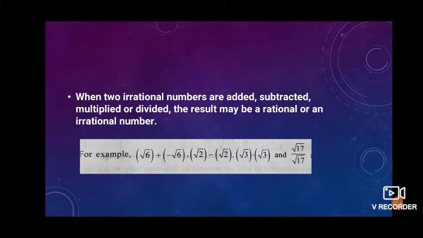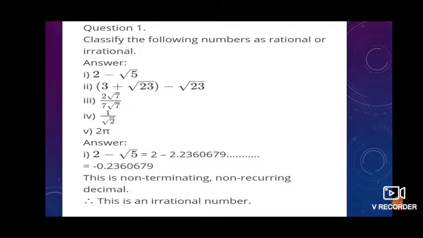So 1 is again a rational number, not irrational. So what we can conclude from these points: whenever we perform any arithmetic operation between a rational and irrational, the answer must be irrational. If any arithmetic operation is between two irrational numbers, then the answer may be irrational, may not be also.